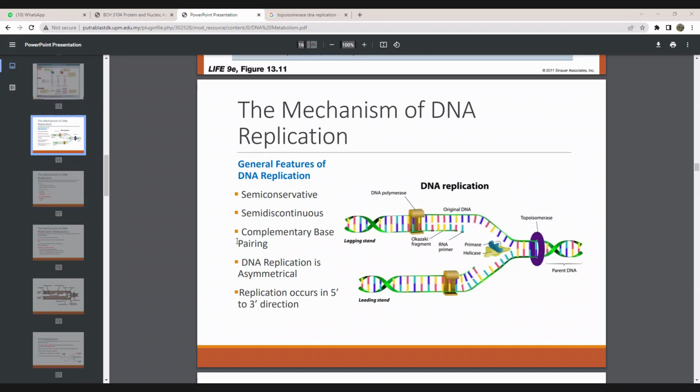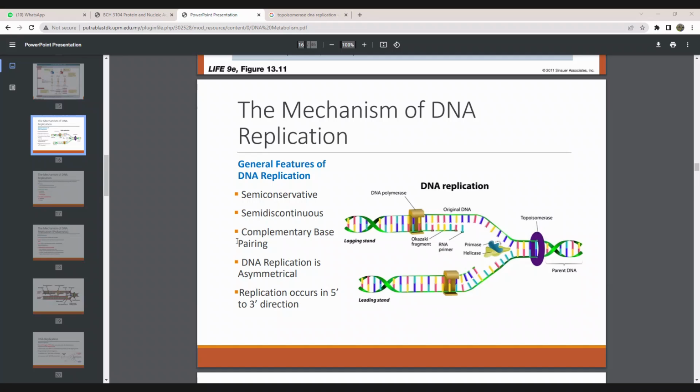In the DNA structure itself, the strands run in opposite directions. So it tells you that it's asymmetrical. So DNA replication inherits the asymmetrical DNA sequence structure, and the mechanism inherits the asymmetry as well.